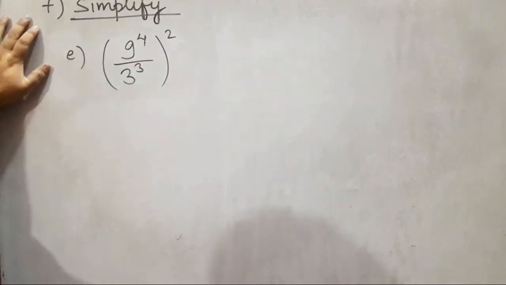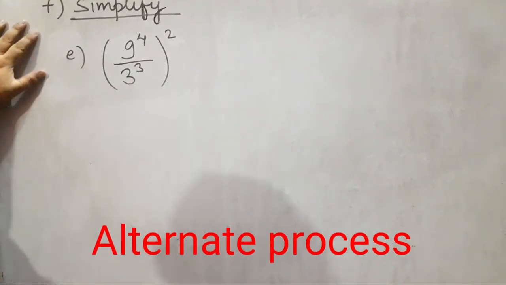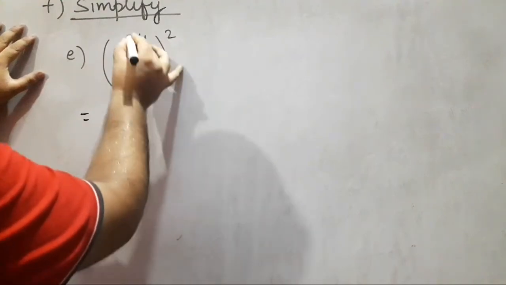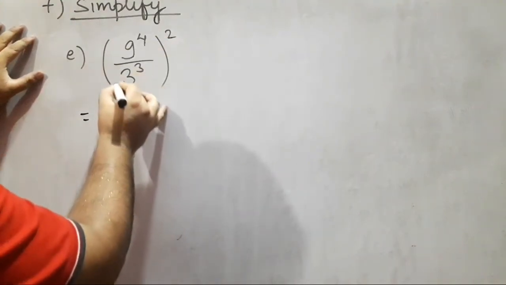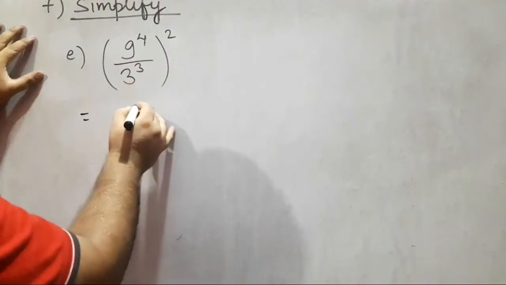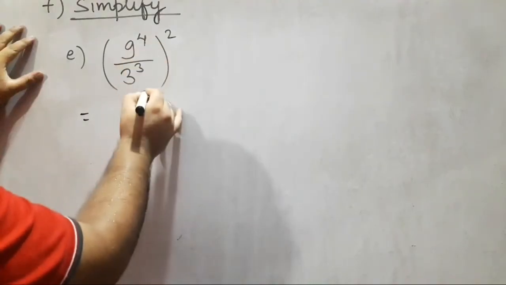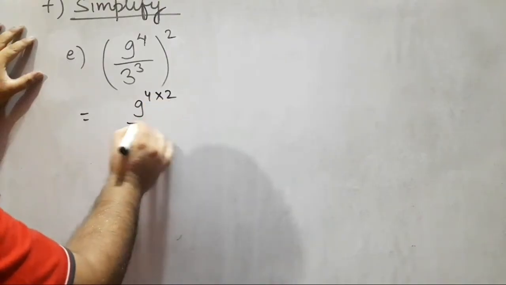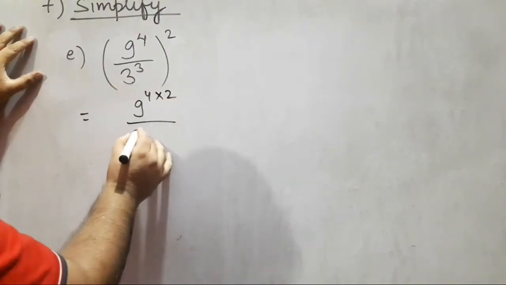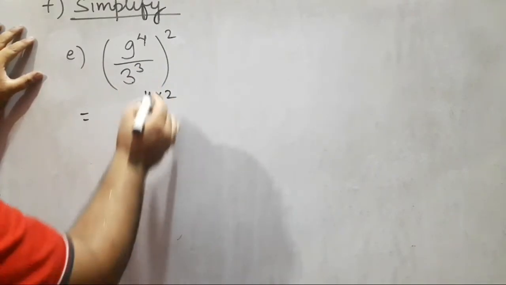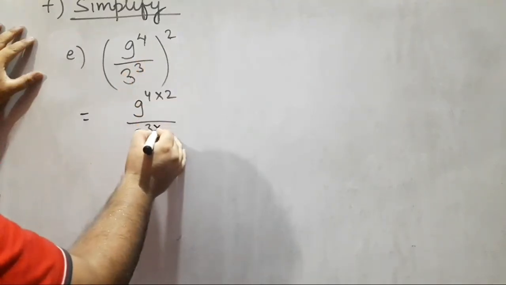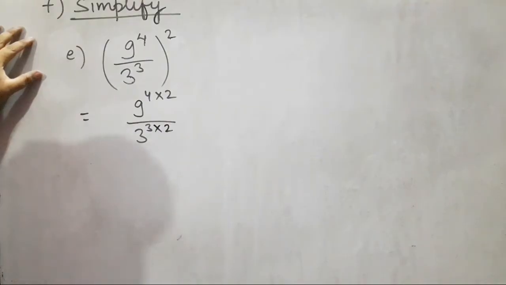This question can be done by another process also. Let's see. This power 2 belongs to 9 power 4 as well as 3 power 3. So 9 power 4 shall multiply this power 2, as well as 3 power 3, the power of 3, that is the 3, shall multiply this 2. Let's see again.